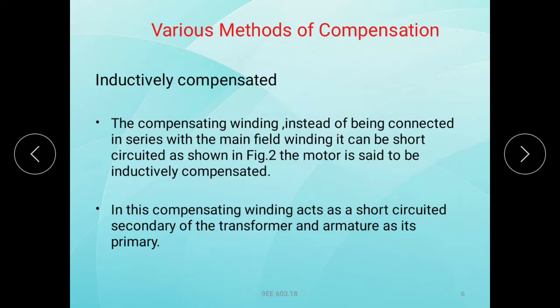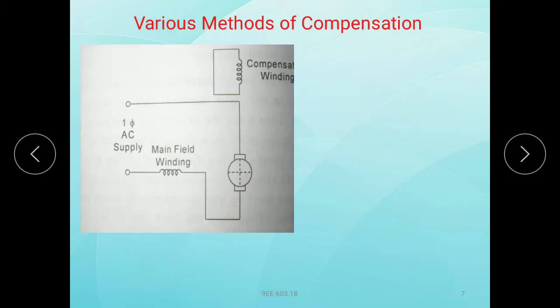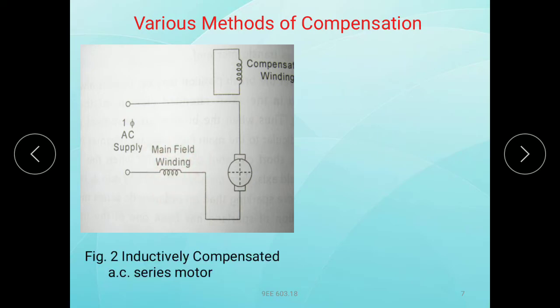So here the compensated winding acts as a short circuited secondary of the transformer and the armature as its primary. Here the supply is AC supply. This is the main field winding. So this is the inductively compensated AC series motor.